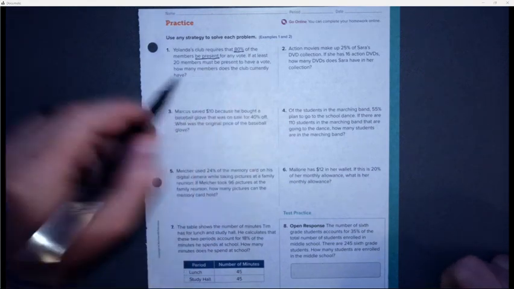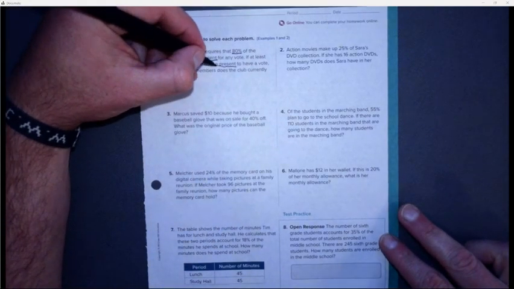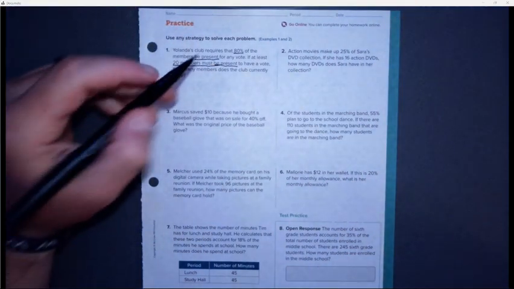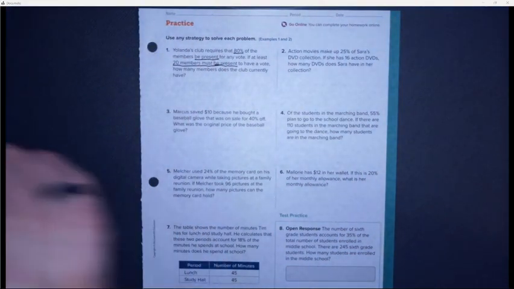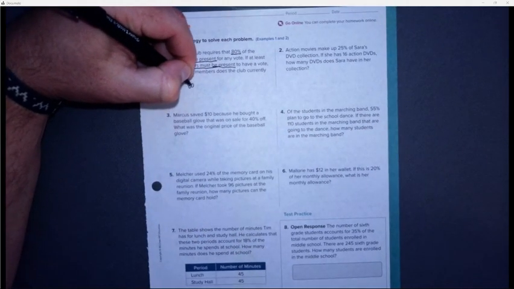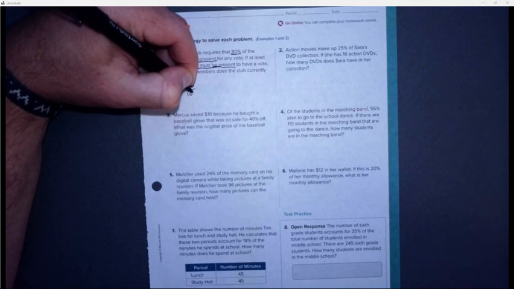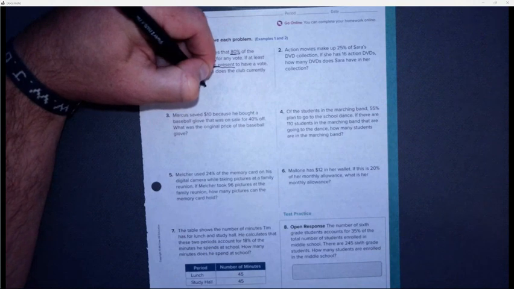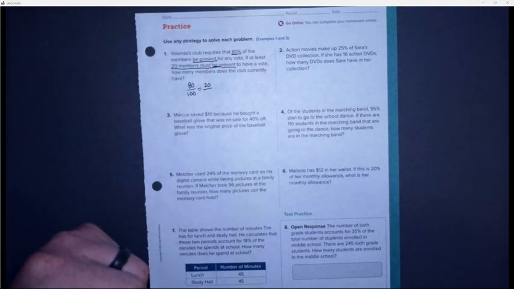And it says if at least 20 members must be present, we know that the 80% and the 20 are the same. So 80% is 80 over 100. Since our 80% is our 20 members, 20 will be our numerator.